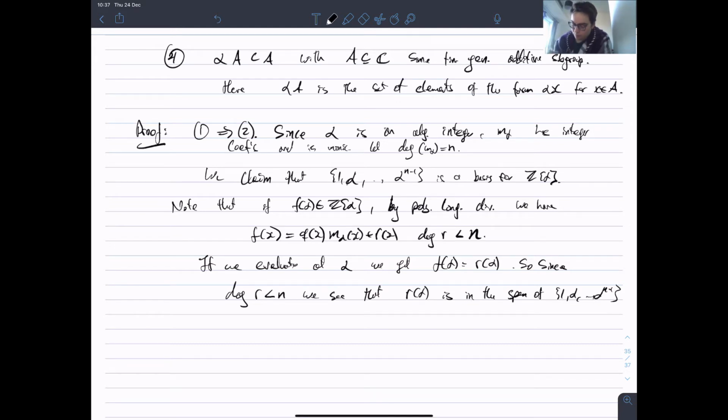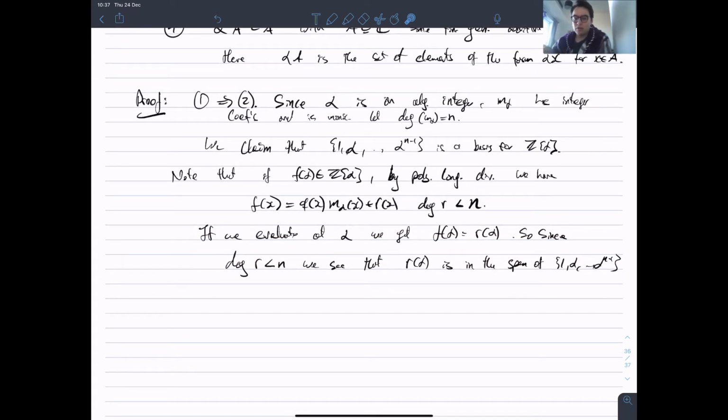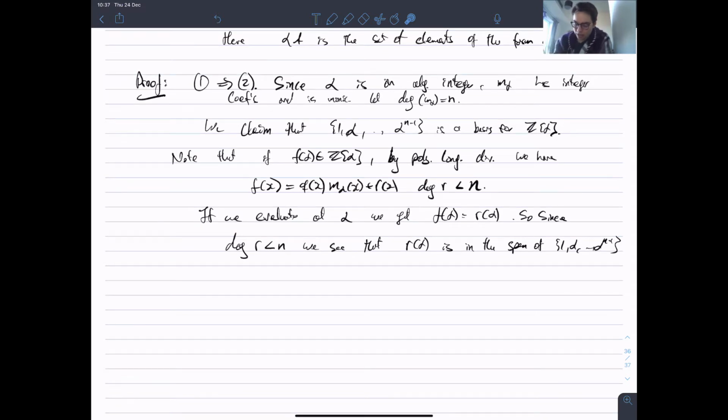So if I had, say, alpha to the n plus 1, I divide this by m alpha and I get a remainder, which is some polynomial of degree less than n. So it looks like some element with smaller powers of alpha showing up.